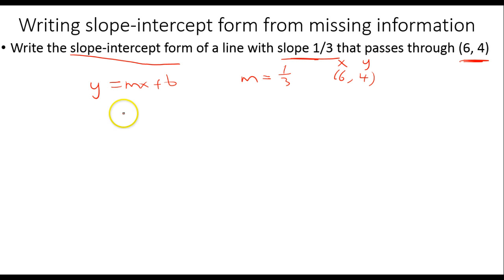If I substitute numbers for y, m, and x, I can easily solve for b. So my y was 4. So y comes out, that turns into a 4. Substitute. M was a 1/3, so m comes out, that turns into a 1/3. X was a 6. X comes out, 6 goes in, and I'm multiplying.